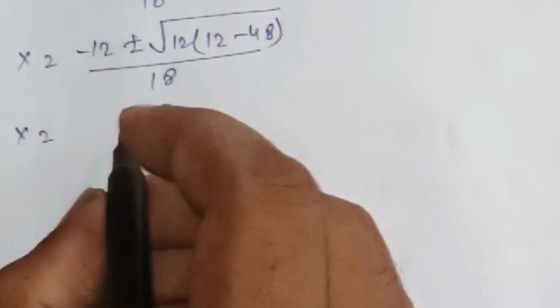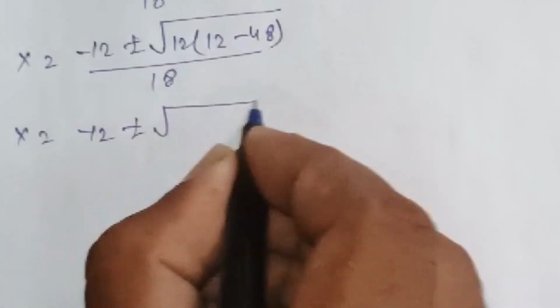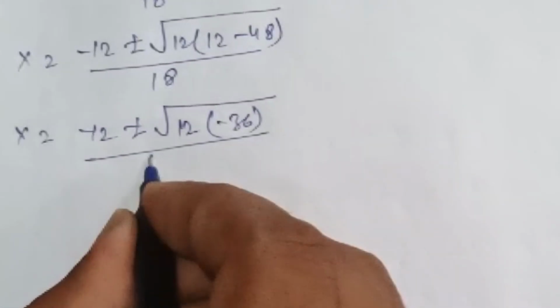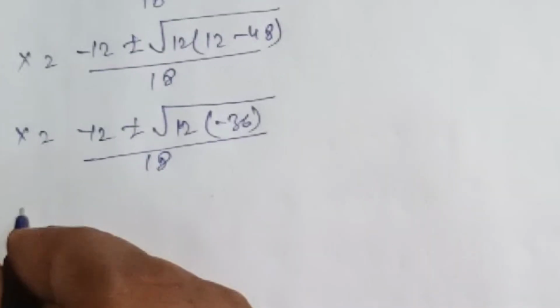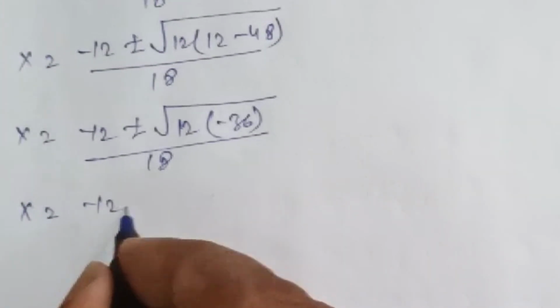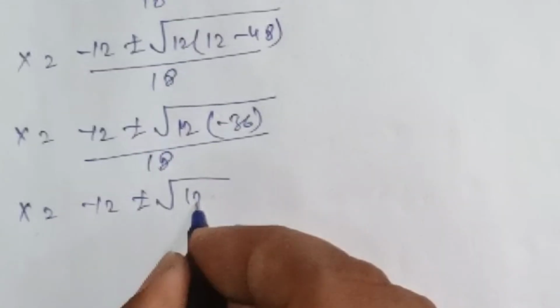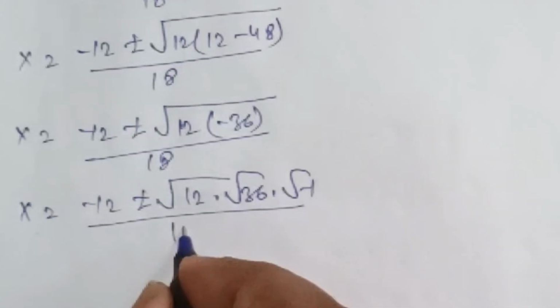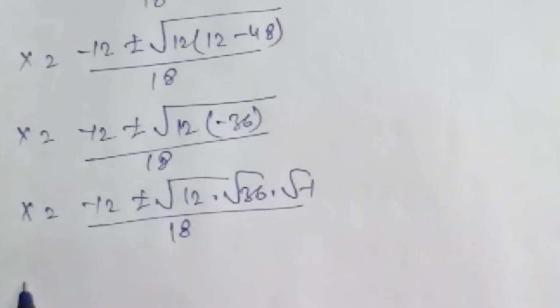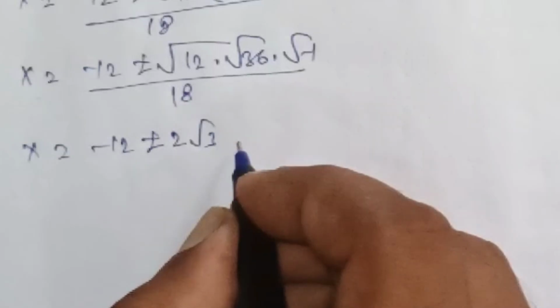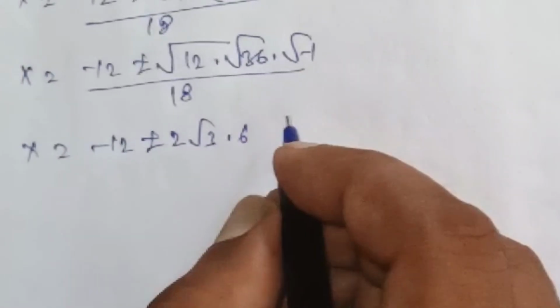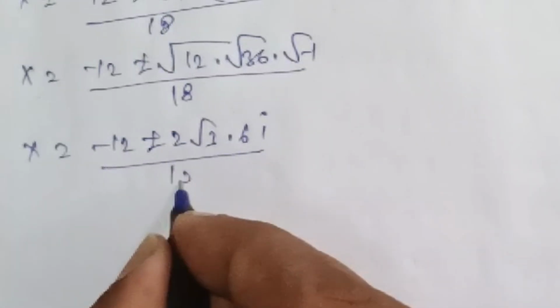Here x is equal to minus 12 plus minus root 12 into minus 36, divided by 18. Here x is equal to minus 12 plus minus root 12 into root 36 into root minus 1, divided by 18. Therefore, x is equal to minus 12 plus minus 2 into root 3 into root 36, value 6, root minus 1, value i, divided by 18.